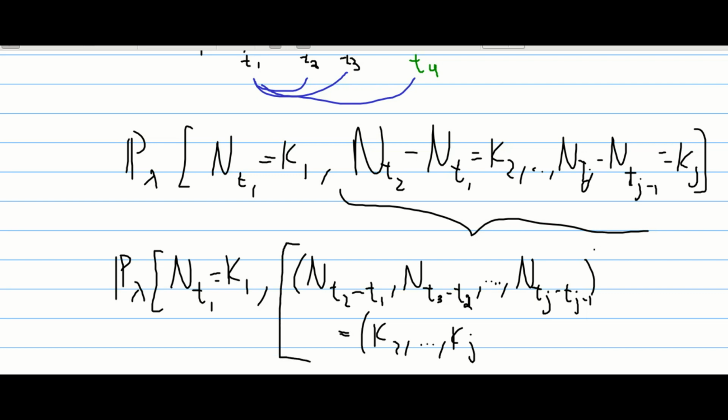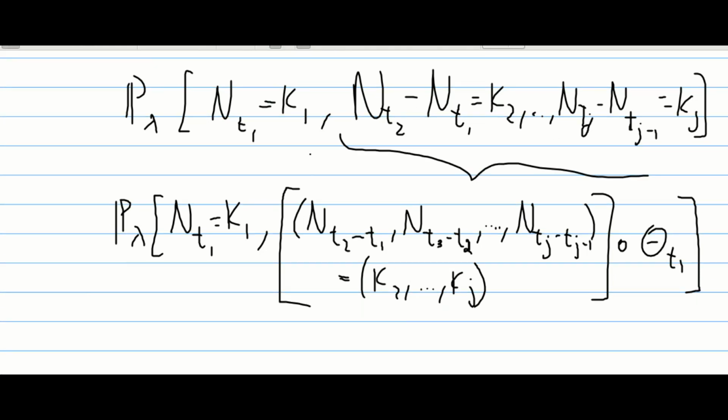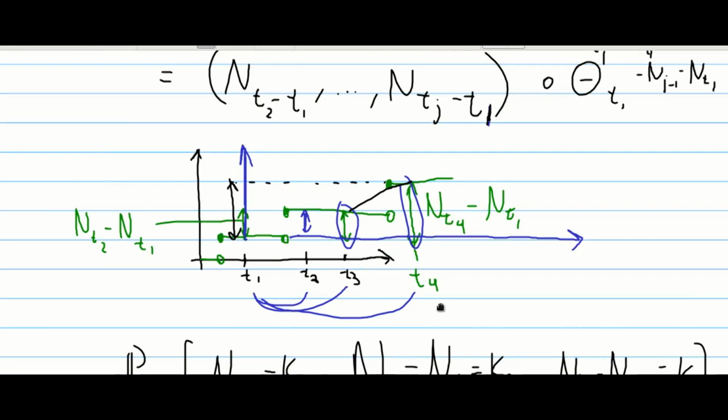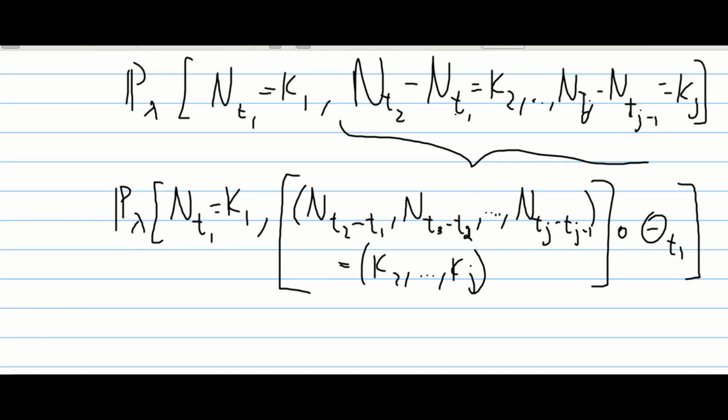This event here composed with theta t1. So this is what I'm claiming, that we can rewrite this as below. We can use the subtractions that I mentioned here, or we can just go back to the picture and see why this is true. So this is the jump that the original process does from T2 to T1.